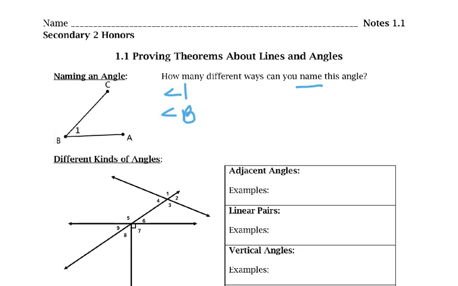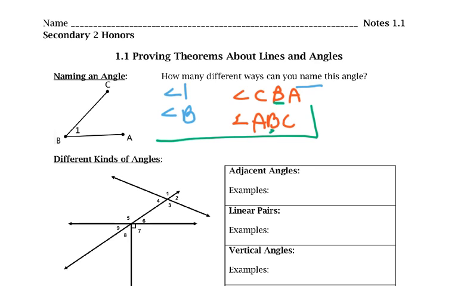To always be safe, you can call an angle by the 3 points that form the angle. So you could say angle CBA or angle ABC. And notice that in both of those, the vertex is in the middle. So there's 4 ways that you can name this angle and be talking about the same thing, as long as there's no risk that you might confuse anything.